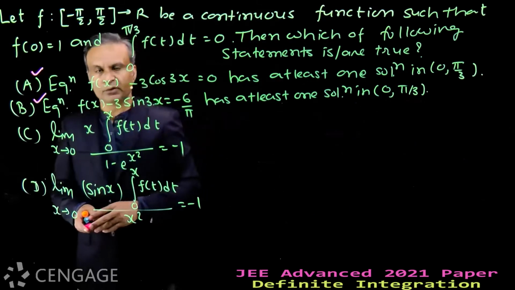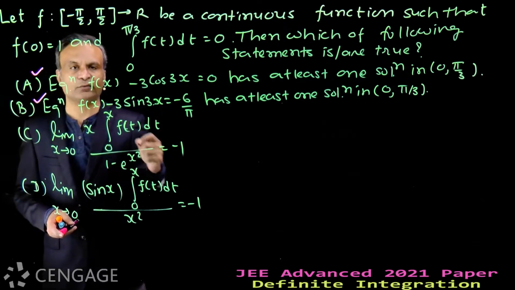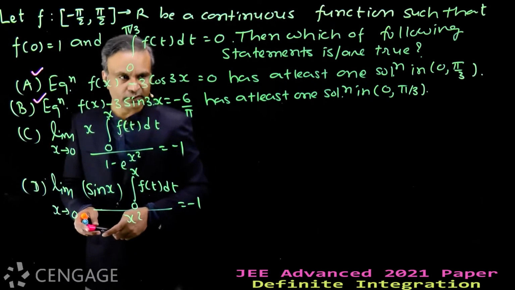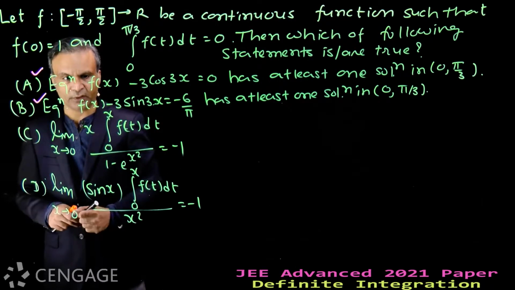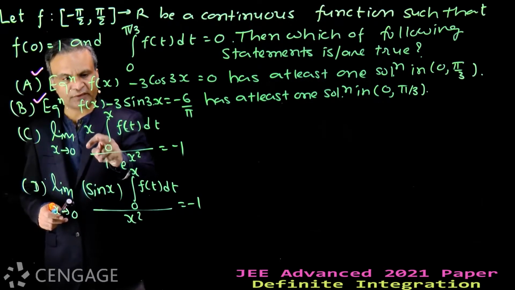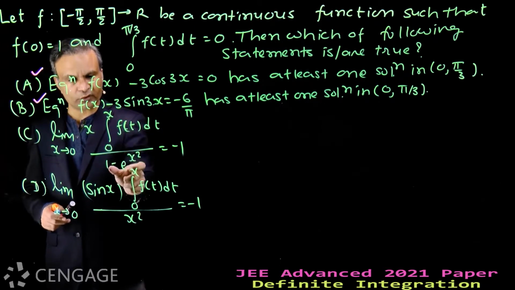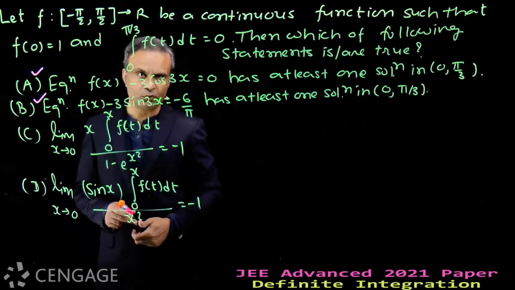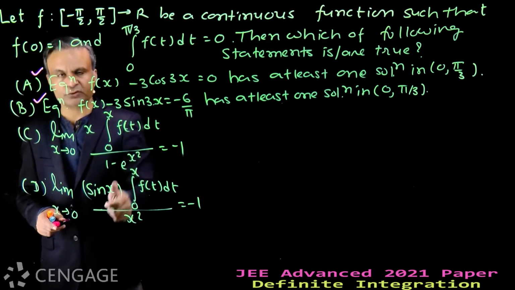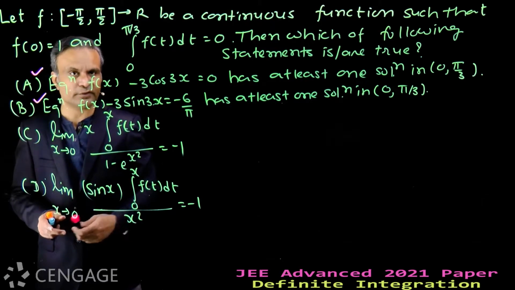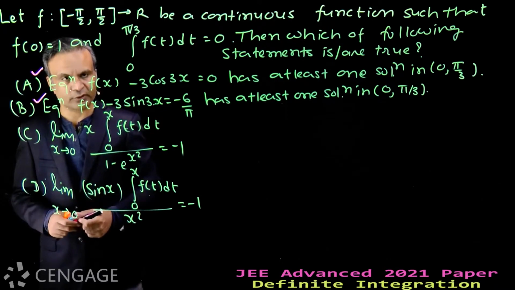Now in these two options we have limits involving definite integrals. Definitely we will be using the Leibniz rule here. This one: the limit as x tends to 0 of x into this definite integral over 1 minus e power x square is equal to minus 1. At x equal to 0, we find 0 over 0, since e power 0 is 1, so we have a 0 over 0 indeterminate form. We can use L'Hopital's rule.